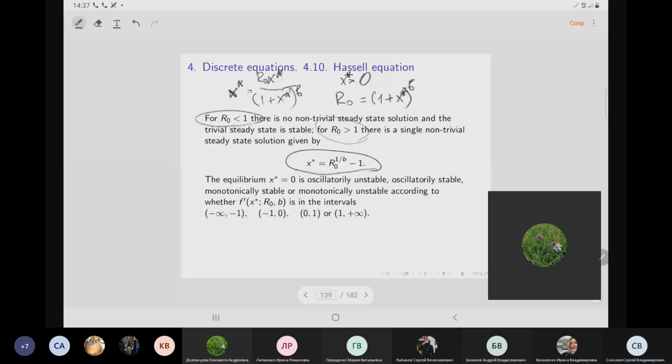So the solution is oscillatory unstable, oscillatory stable, or monotonically stable, according to which of our intervals f prime falls in. So this line, as usual, f prime.